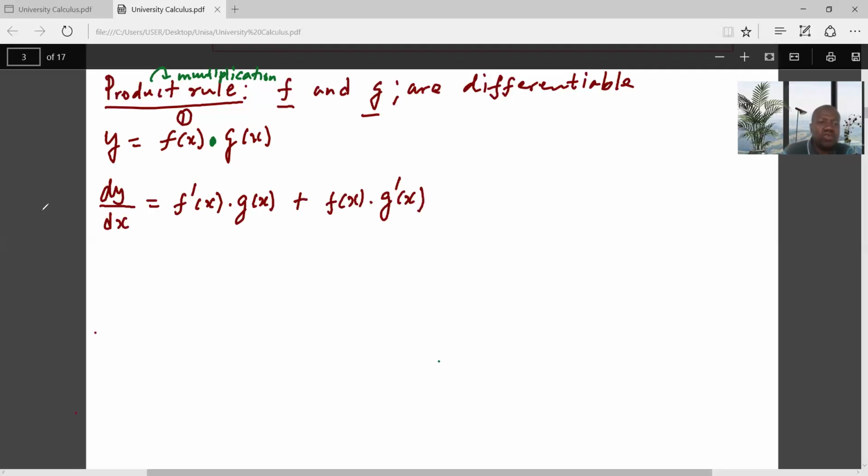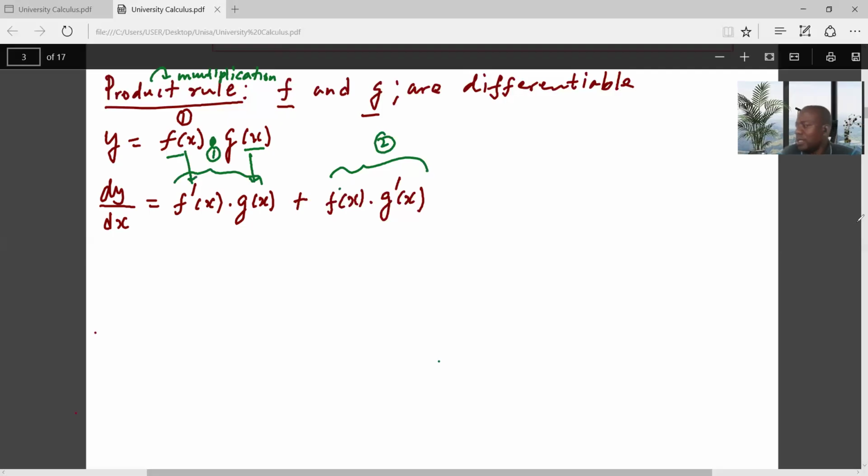According to the product rule, if you are having f and g, you differentiate f and you leave g. Now you leave f, now you differentiate g. That is according to the product rule.